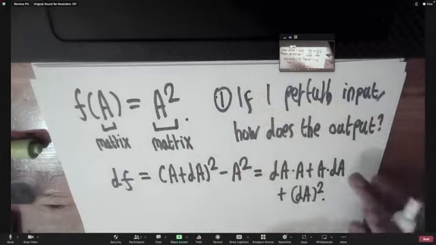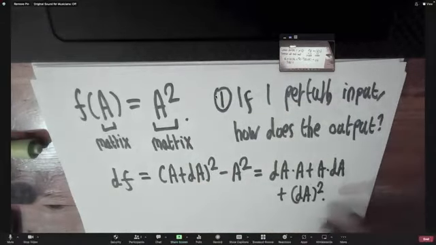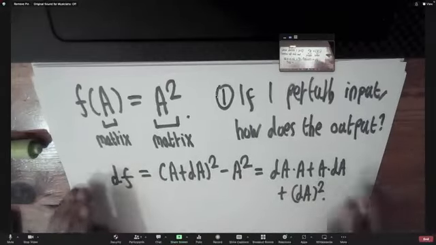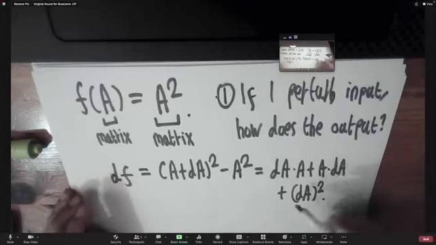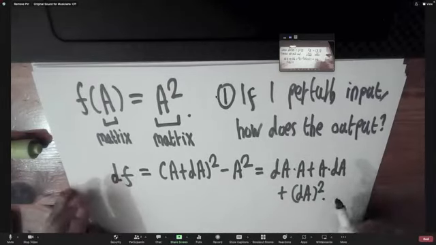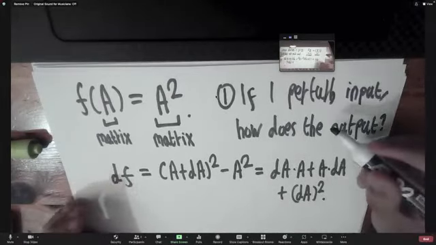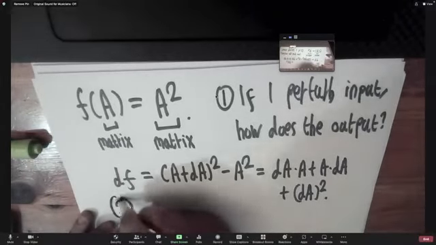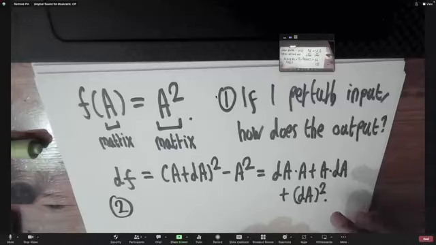We're not worried about neglecting the higher order terms or forming the derivative, but just thinking about how we write down the change in the output. So this is your answer to question one. And then the second thing is you have this differential, and you want to figure out what terms you can neglect here.